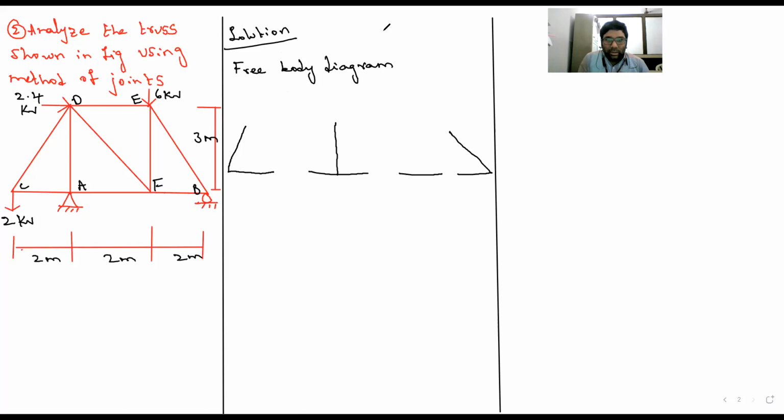Let me sketch like that. So that is joint C, joint F. Very carefully sketch the free body diagram.